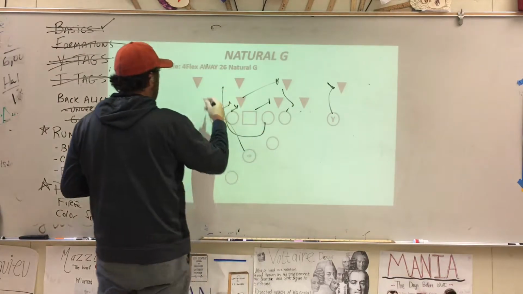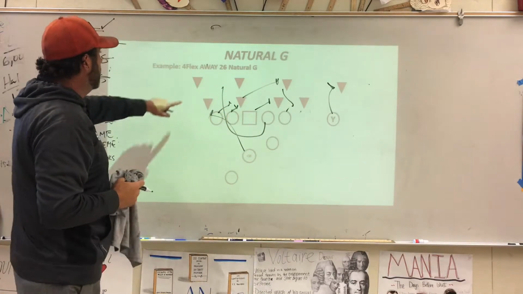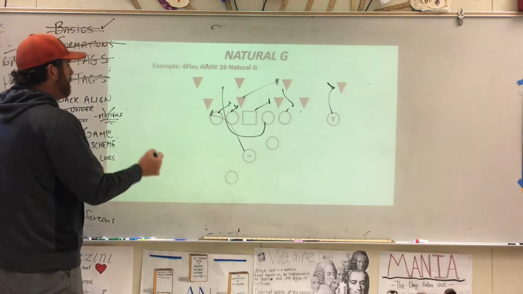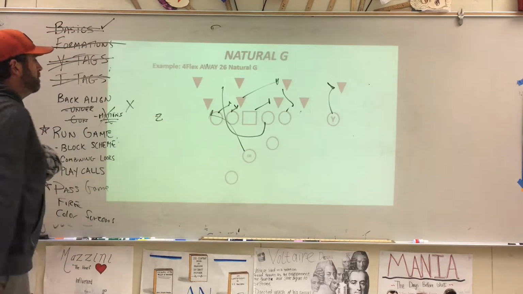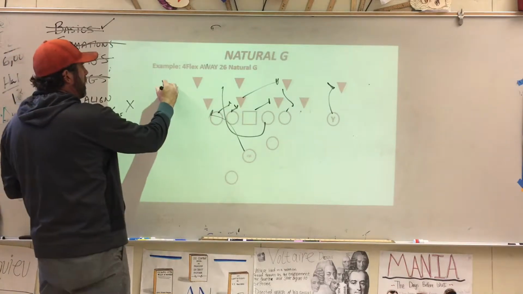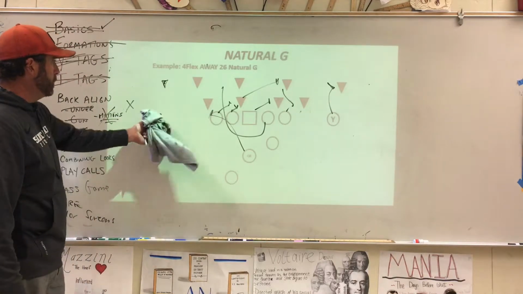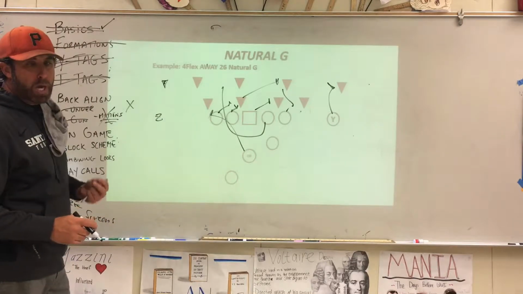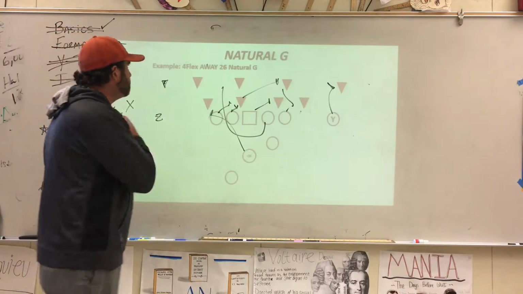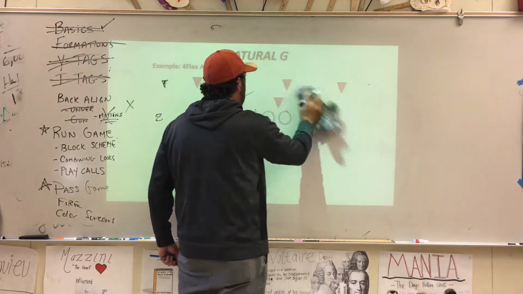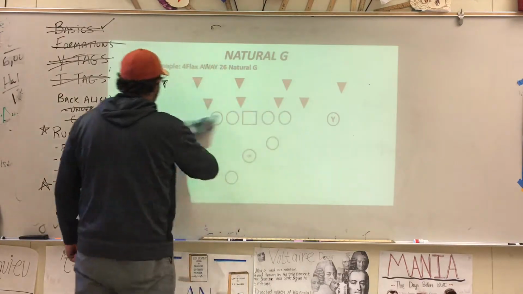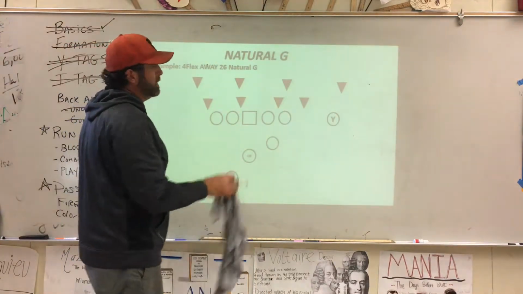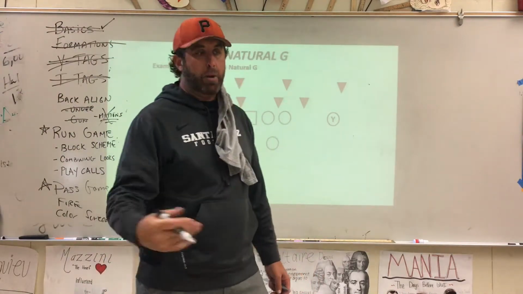And then this guy is a little bit odd, so maybe we're in a formation like 7, and that'll walk this guy out here because of what else we've been doing. We've been throwing little screens out here. So sometimes the weak side natural G needs to be set up a little bit more. But it can be run weak side. We run it to the tight end a lot, but we also do run it to the weak side and have success there based on game plan or opponent or setting.